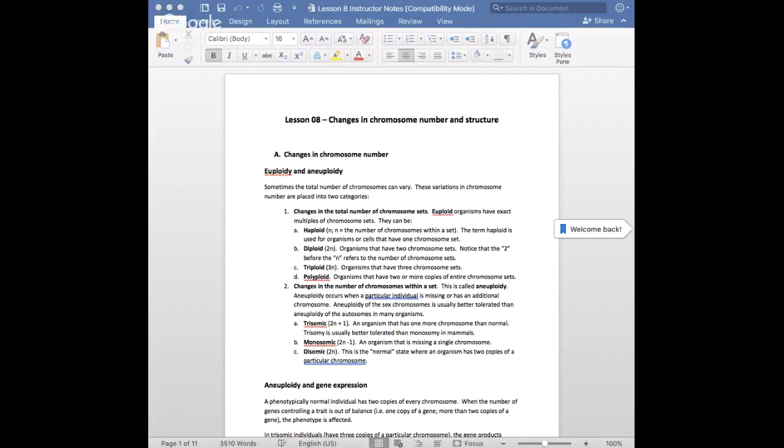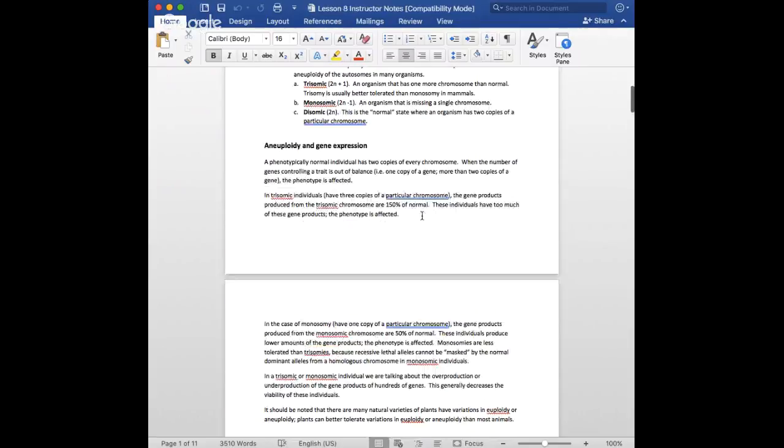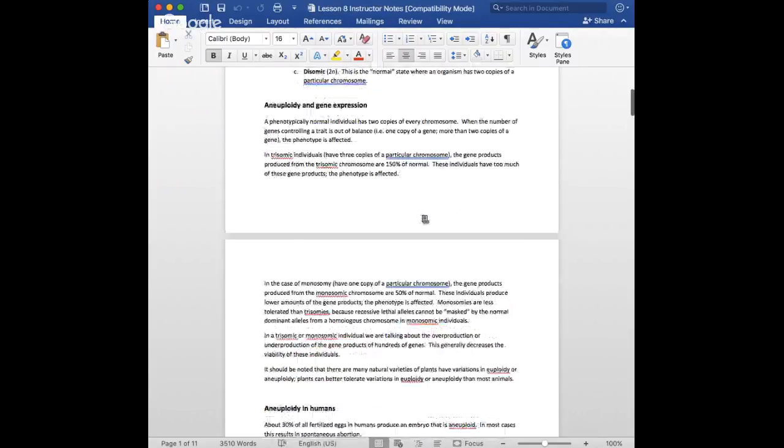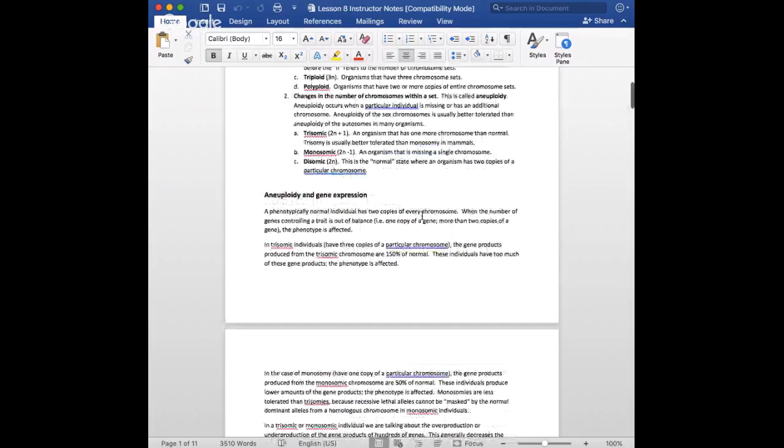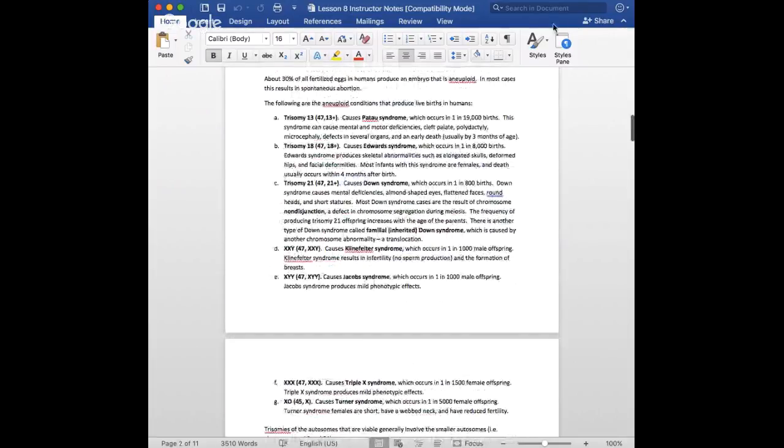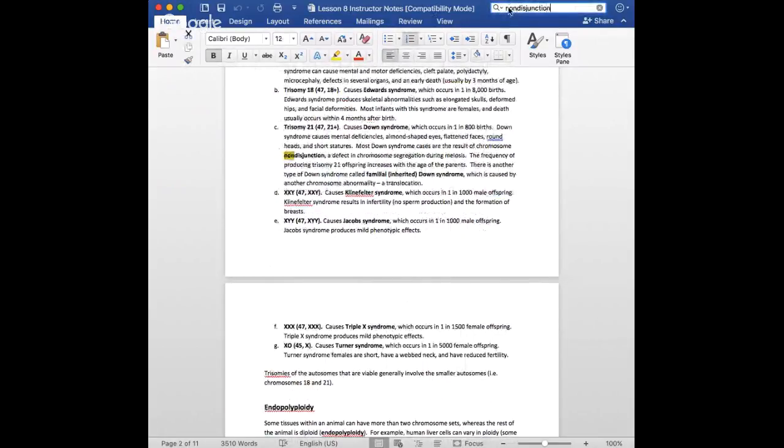And for problem 2, the fill in the blanks, a non-disjunction in meiosis 2 produces 50% aneuploid gametes, and we can find that in the notes here when we are talking about the non-disjunctions.